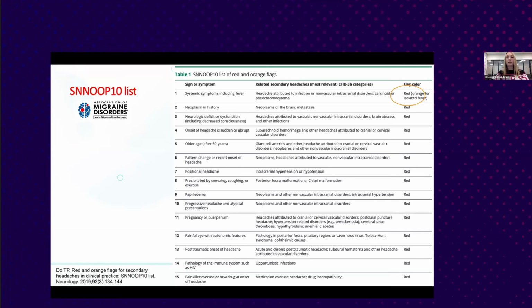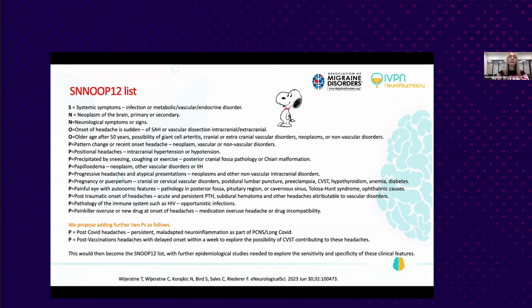So what are orange flags? Orange flags cannot exist by themselves. They can, but they do not raise such a strong awareness. You need to have at least 2 orange flags, or concomitantly have an orange flag and a red flag to make it more important. Recently, in 2023, a group of authors decided to publish an article and propose a Snoop 12 list, adding 2 new more headaches to the original list.